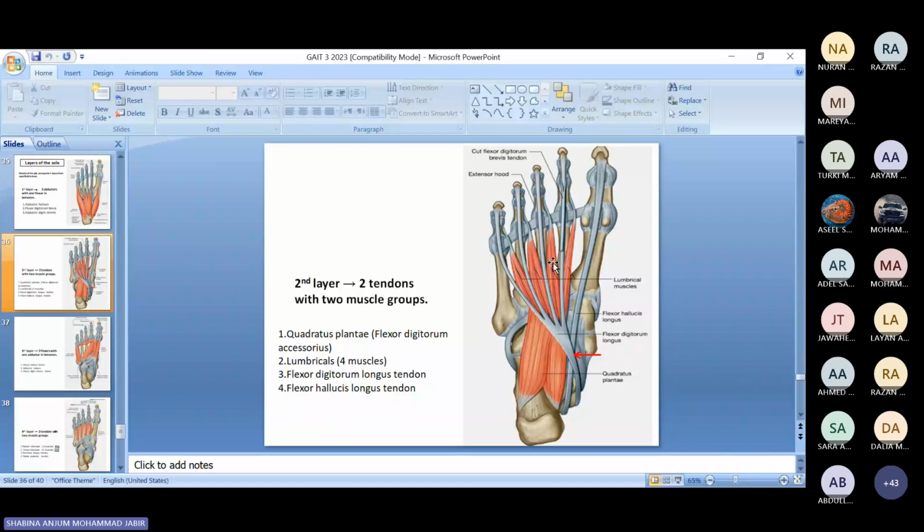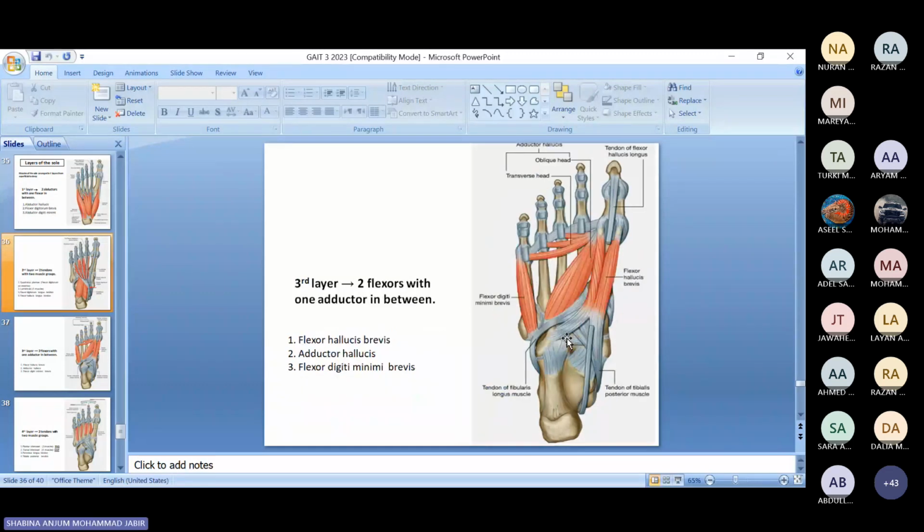They are called lumbricals. Then which tendons are coming here? This one is the flexor hallucis longus, and here you can see flexor digitorum longus. So in the second layer: 2 tendons, 2 muscles. What about the third layer?